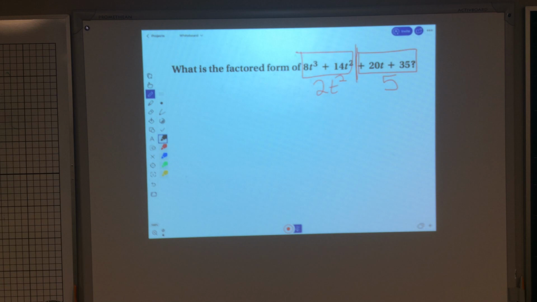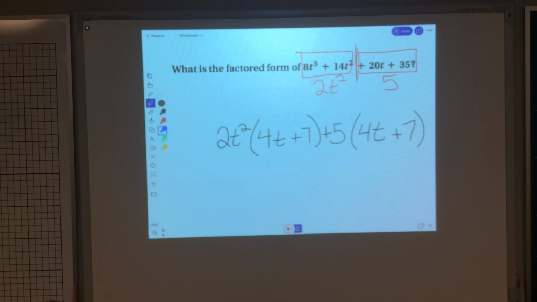I take out that 2t squared from the first one, and what that leaves me with: 8 divided by 2 is 4, t to the 3rd divided by t squared is just t, and in the second term the t squared cancels, and 14 divided by 2 is 7. Then I take out that 5, which was positive. 20 divided by 5 is 4, I still have the t, and 35 divided by 5 is 7.